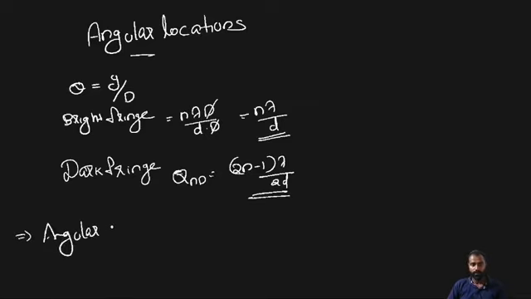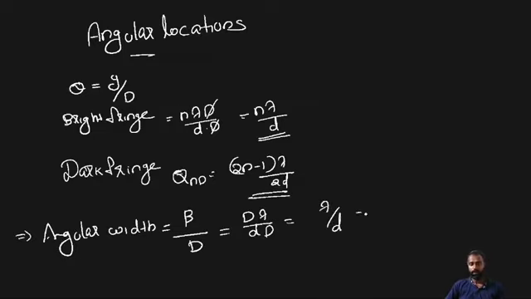So in general, the angular width, which is equal to beta by capital D, that is lambda D by d divided by capital D, is lambda by d.